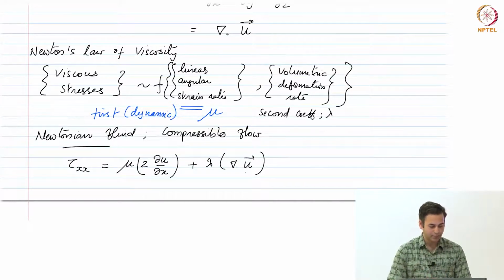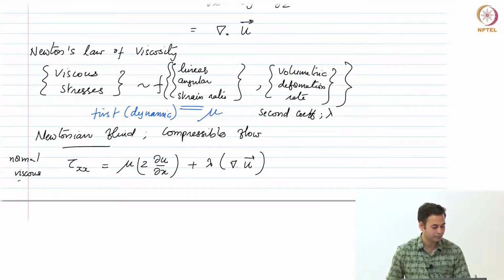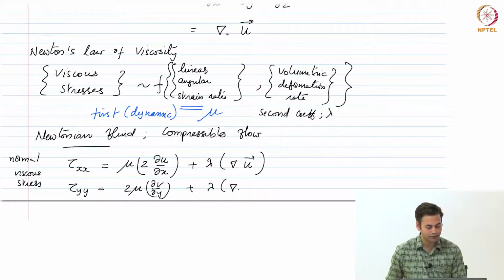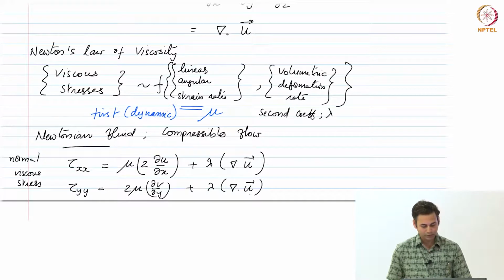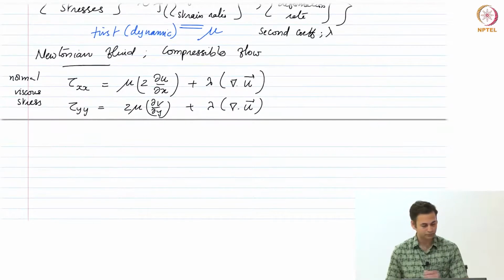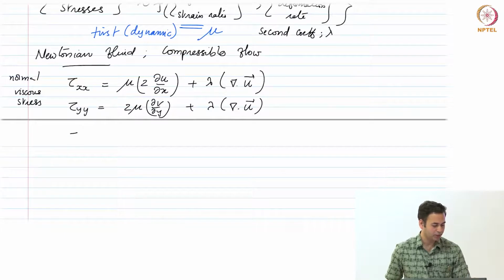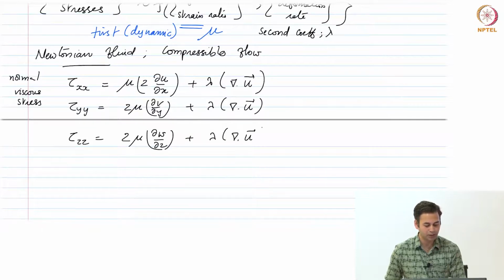So, that is your normal viscous stress. Similarly, we can write down tau yy as 2 mu partial v partial y plus lambda times del dot u bar, okay. And we also have tau zz as 2 mu partial w partial z plus lambda times del dot u bar.